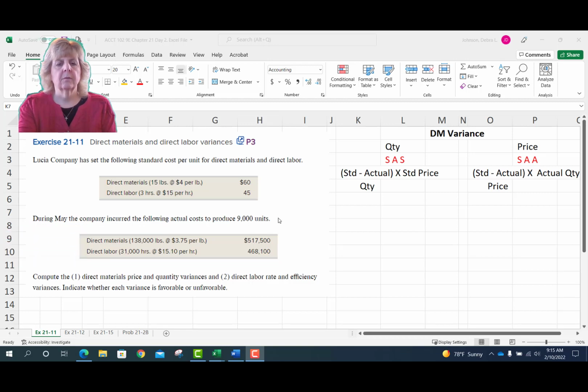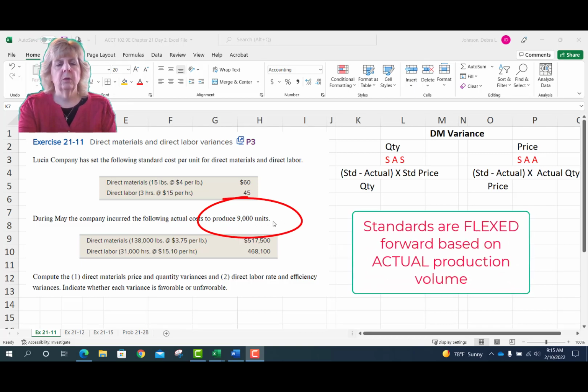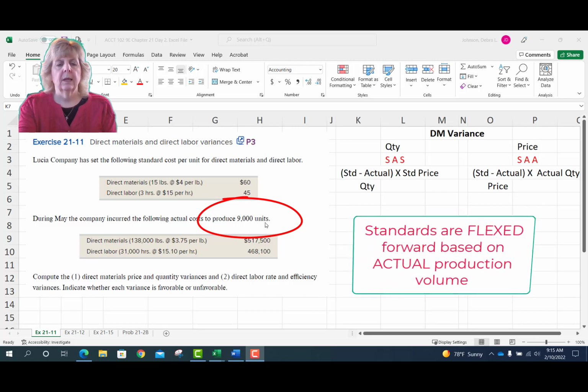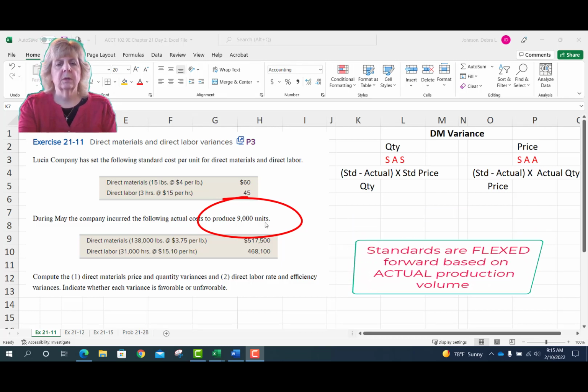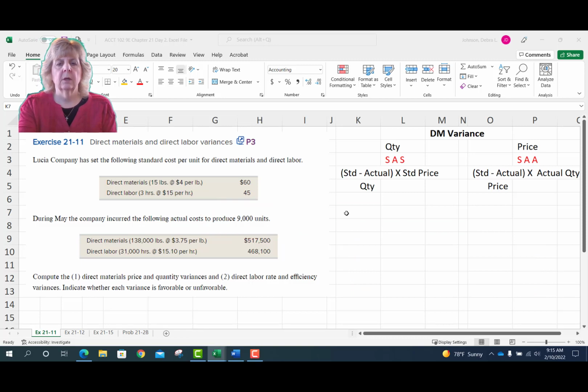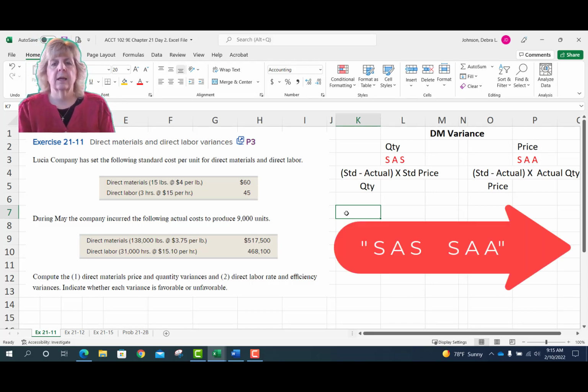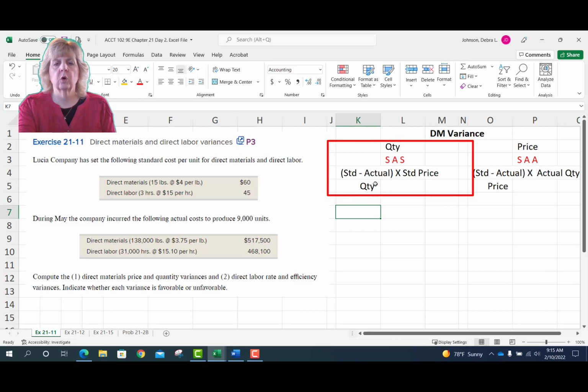It's imperative to know how many units they actually produced, because we need to flex forward our standards based on the units actually produced. In this case, they produced 9,000 units. So let's start with the quantity variance. The acronym that I'm encouraging you to remember is SASA. For the quantity variance, it's SAS, which means the standard minus the actual quantity.